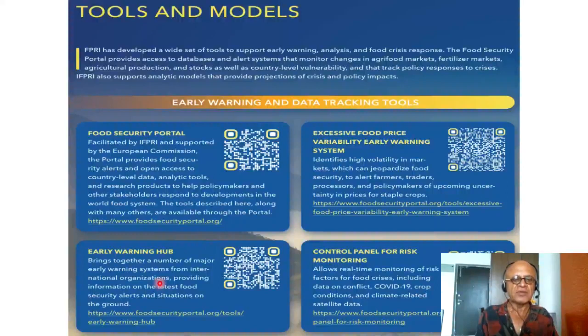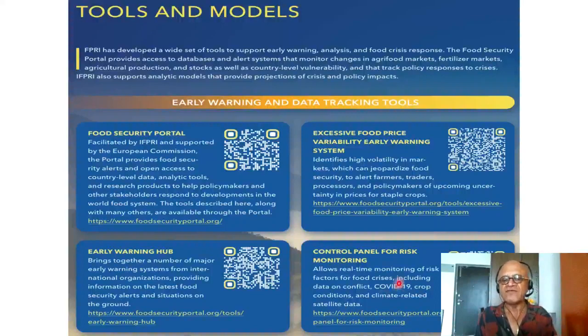Early Warning Hub brings together a number of major early warning systems from international organizations, providing information on the latest food security alerts and situations on the ground. So it's like a clearinghouse of multiple systems.